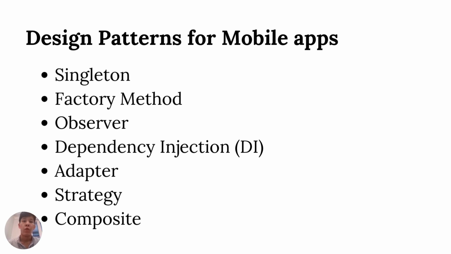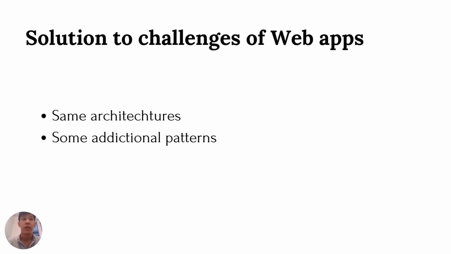So that was all for the mobile applications. Let's go to the web apps. Web apps are almost similar, you could see it in the challenges. So there are the same architectures: MVC, MVP, MVVM.